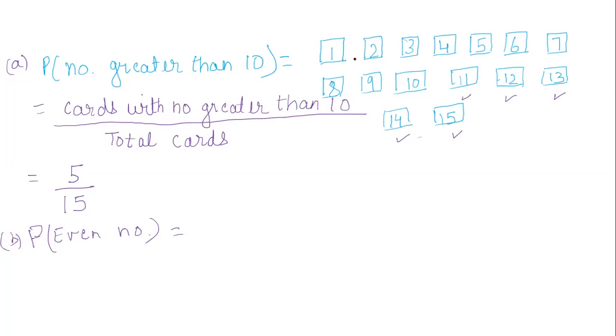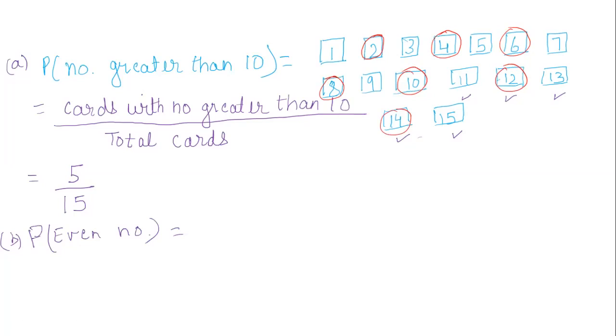Even is a multiple of 2, so 1, 2, 3, 4, 5, 6, 7. There are 7 cards with even numbers. Total 15 cards.